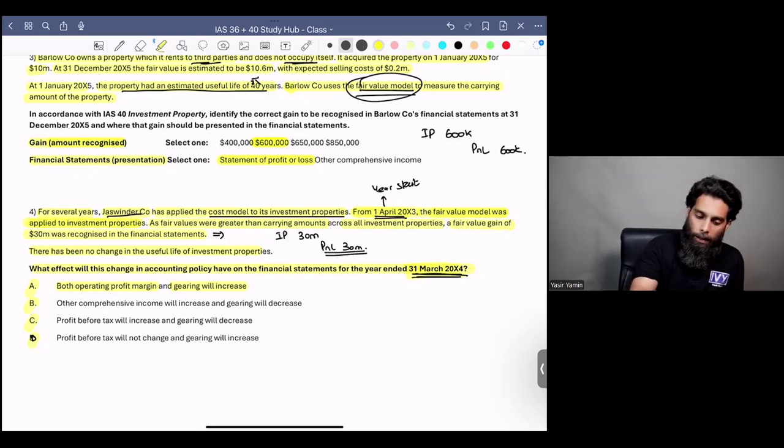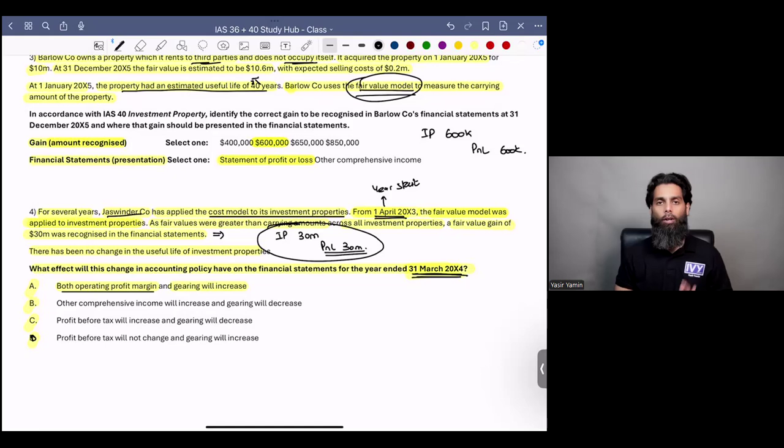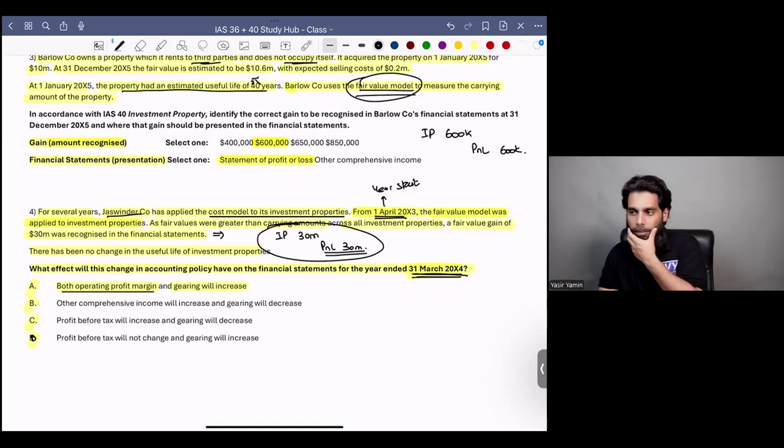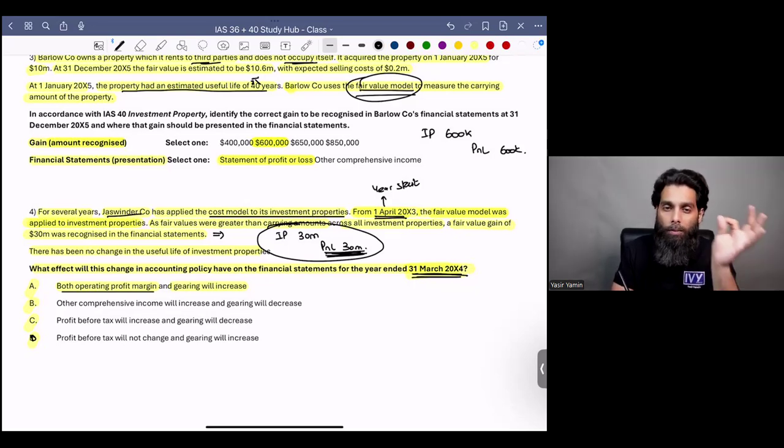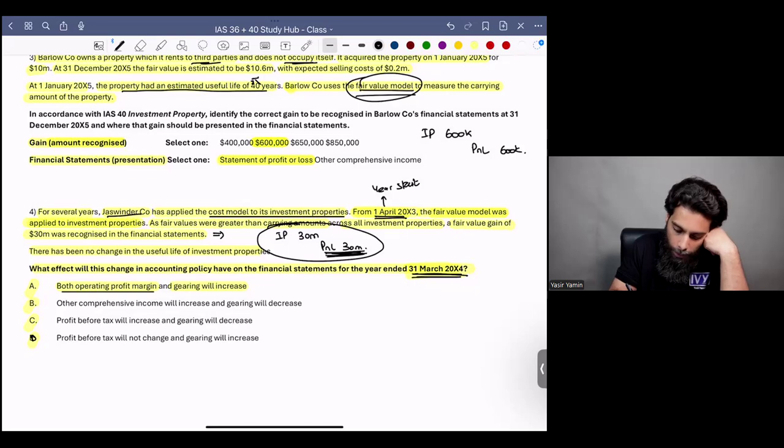Let me ask you this. Will operating profit margin increase due to this effect? Give me a yes or a no. When you recognize a fair value gain in your P&L, obviously your operating profit margin will increase. So technically speaking, your operating profit margin will increase by 30 million, correct?